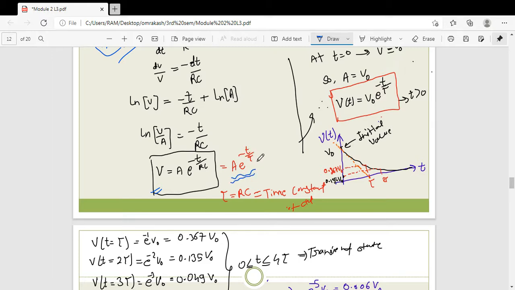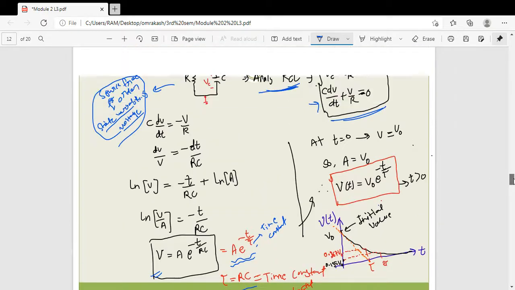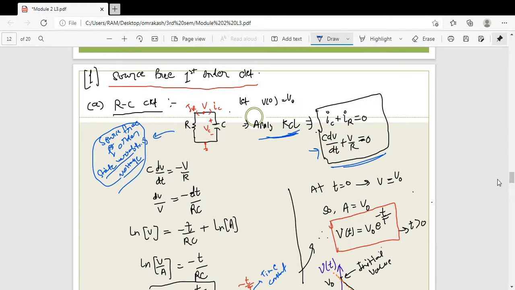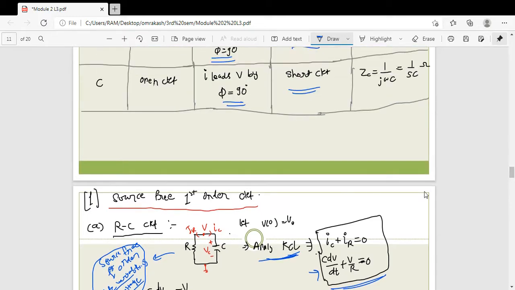Now note that this is the standard format, right? A e to the power of minus t by tau. So here t is time and tau is the time constant. So what is the time constant here? For this circuit, tau is equal to RC. Okay, now one more point. For any RC circuit, tau is equal to R equivalent into C equivalent.